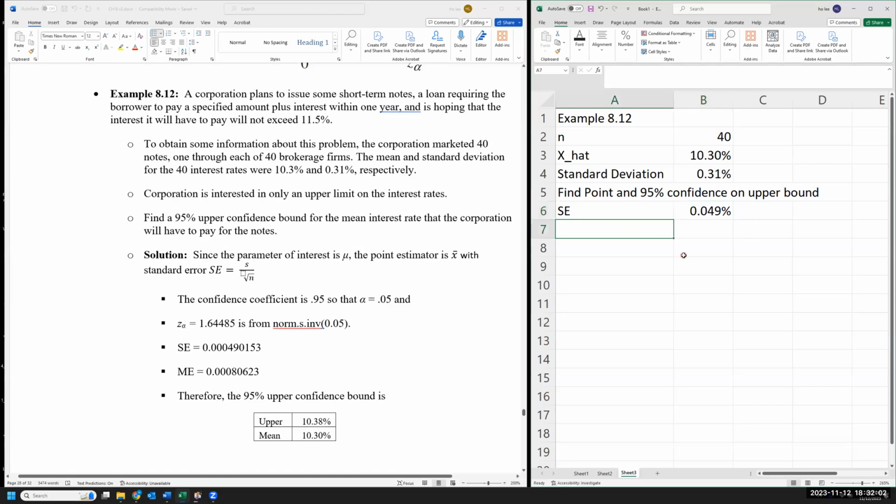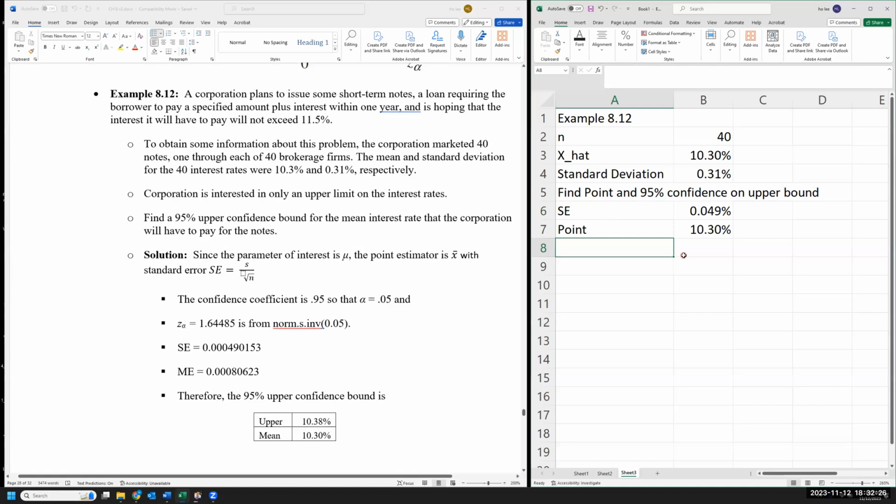All right. So to do the 95, so we have the point, okay, so let's do the point. Point estimate is just the sample average. The point estimate of the population parameter is the sample statistic or the sample average here.